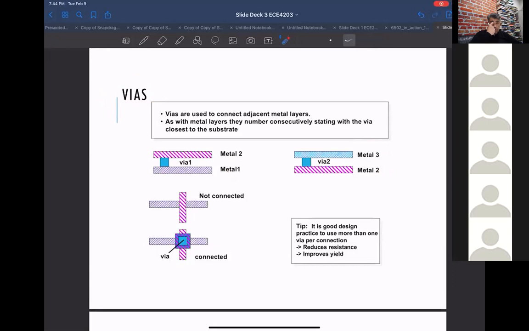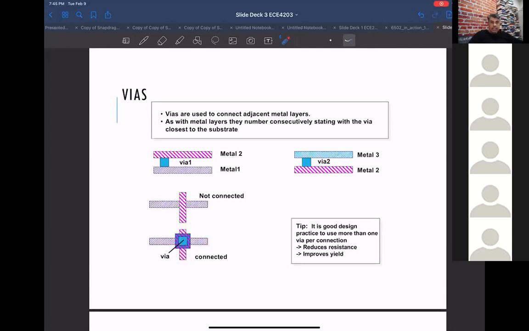If you have a metal 1 layer and a metal 2 layer without a via, they wouldn't be connected because they're on two separate layers. So you have to physically draw a via to short this metal 2 line to this metal 1 line.